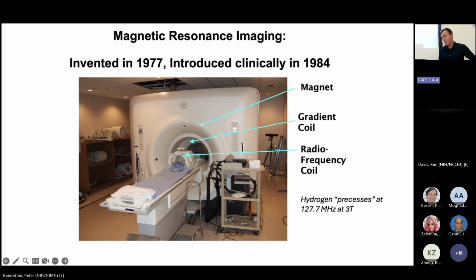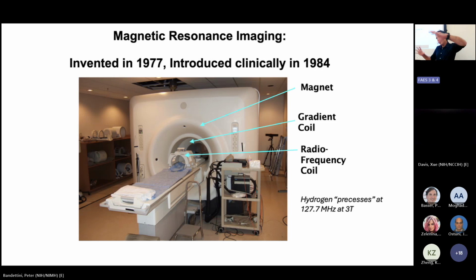And then you have a radio frequency coil. So when the spins are inside the magnet, at either 1.5 or 3 Tesla, the water spins are precessing at a frequency that's, in this case at 3 Tesla, 127 megahertz, which is like a radio frequency. And so that's why you need radio frequency coils.